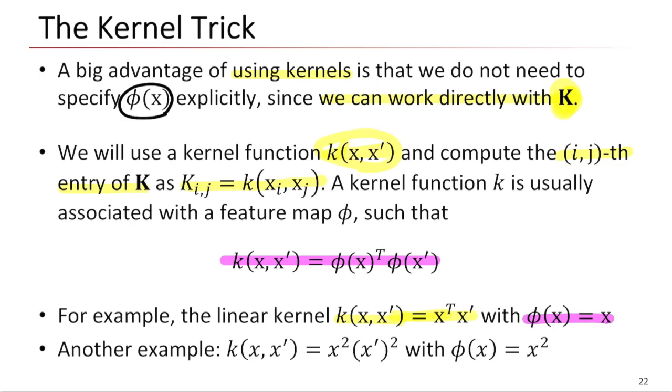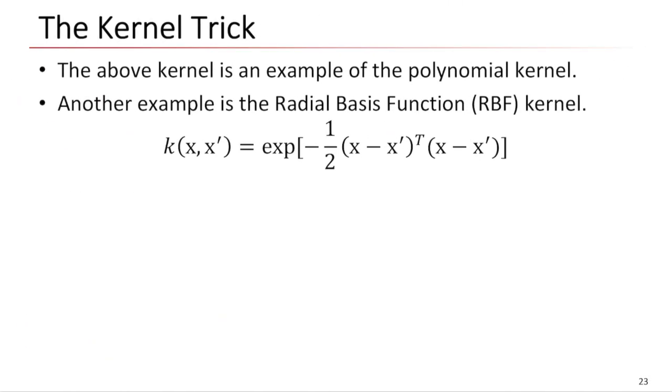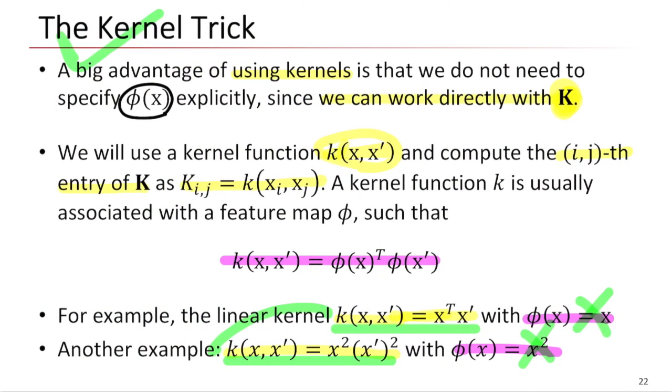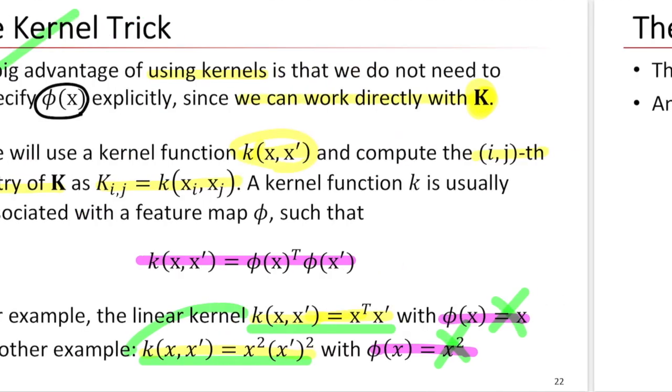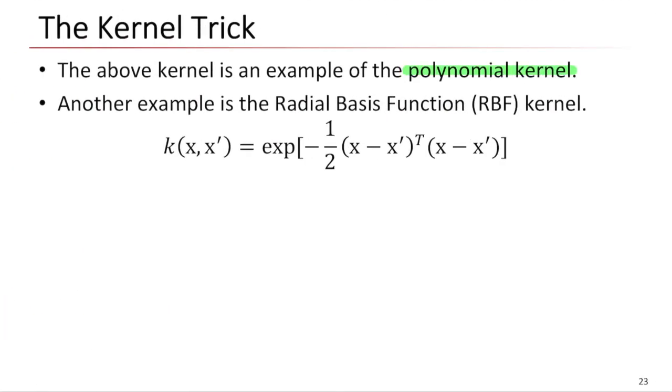But if the kernel function looks like this, the mapping function looks like this, right? As we mentioned, we don't need to derive this one. We just need to define the kernel function. So this is the advantage of the kernel trick. And these examples are the polynomial kernel.